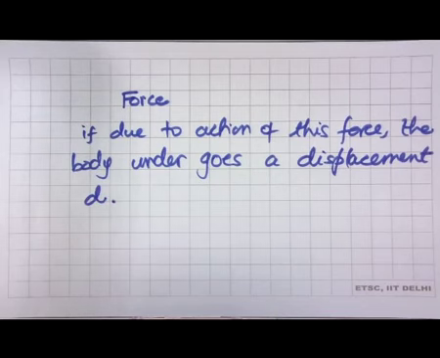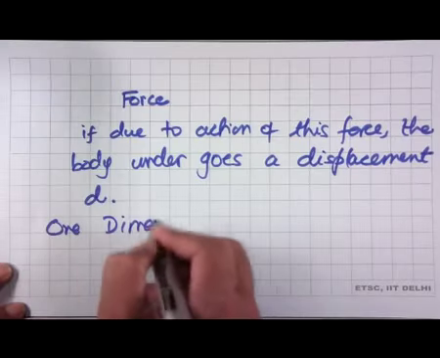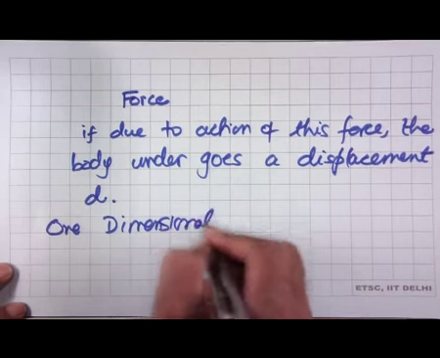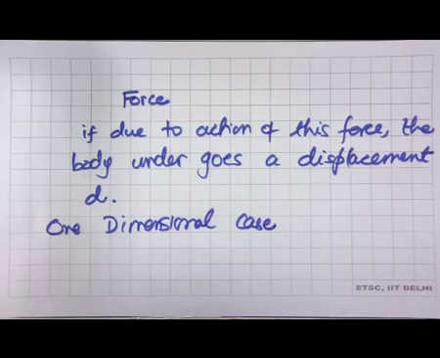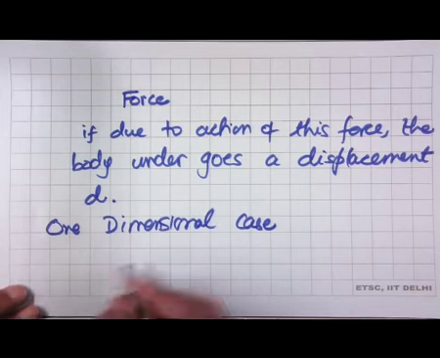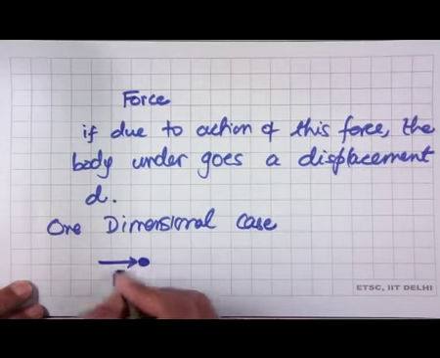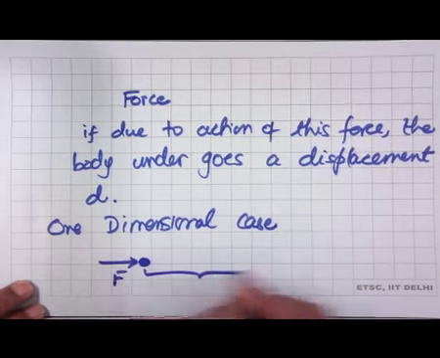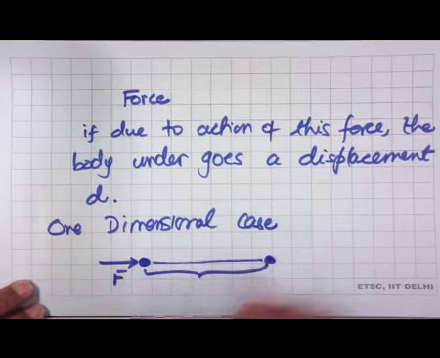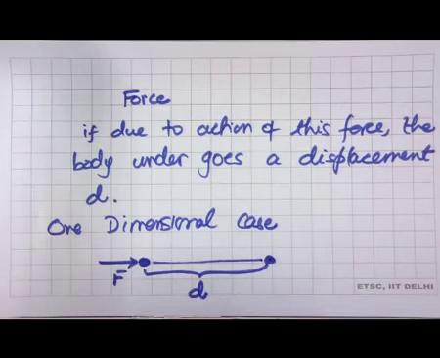Let us start in a simple sense by looking at the one dimensional case first. So, we start with a one dimensional case: we have a particle, a force F is applied, and because of this the particle undergoes a displacement d.